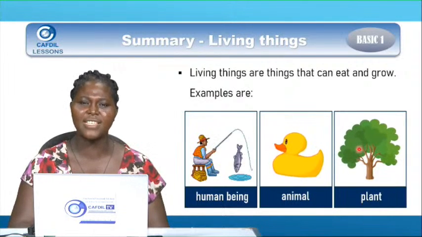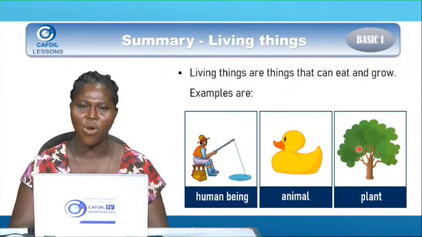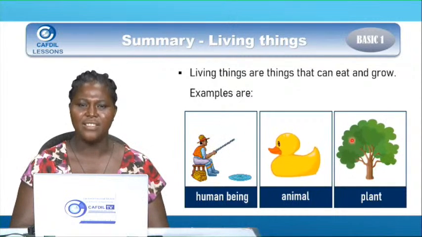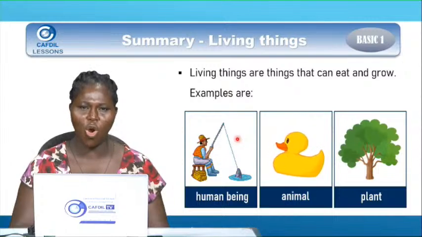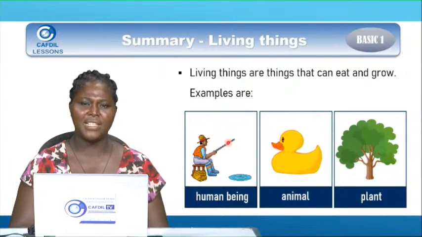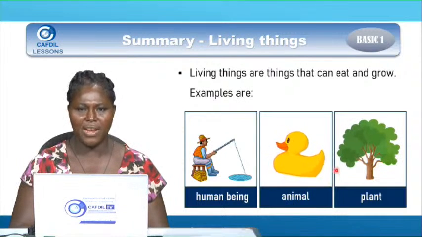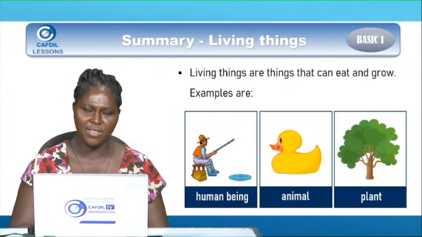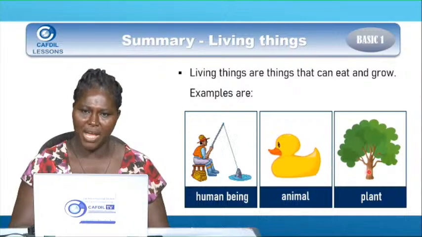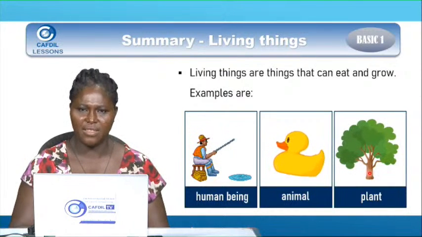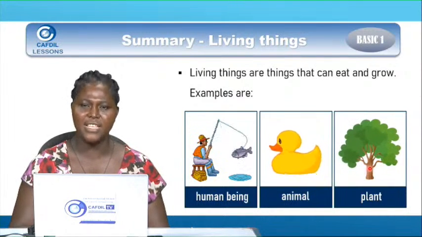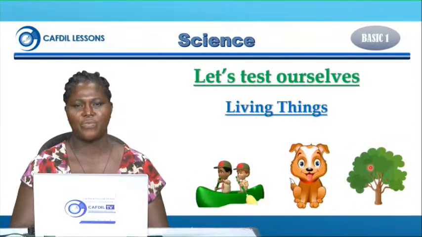So anything that can eat and grow is a living thing. And we saw in our lesson that human beings are living things, and animals are living things, and then plants are living things. So they can eat and grow.